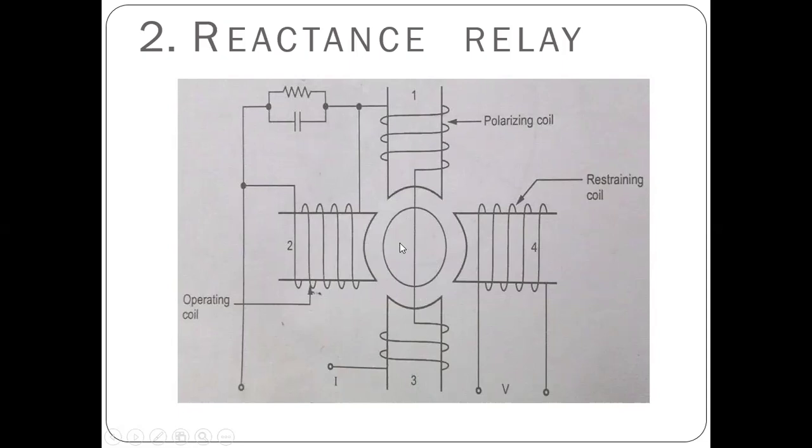Due to this, flux is induced in the cylinder whose direction is perpendicular to the plane of the paper. It flows up and down at the side of the cylinder, opposite to the other two poles, that is the operating coil magnet pole and the restraining coil magnet pole.